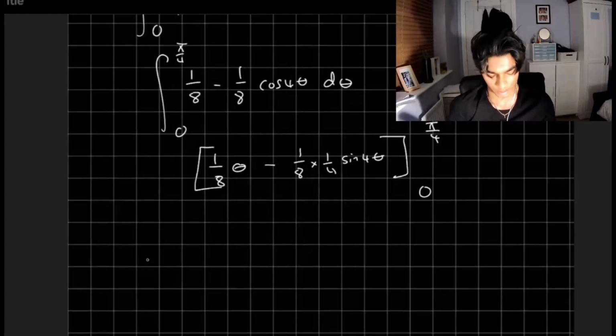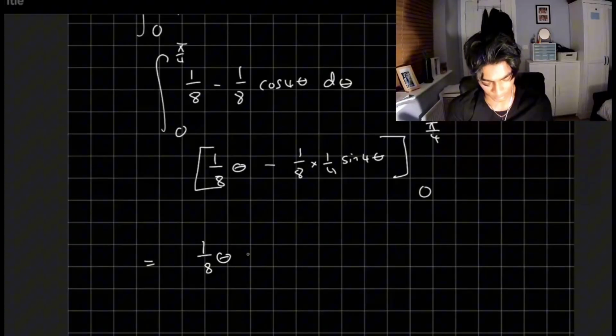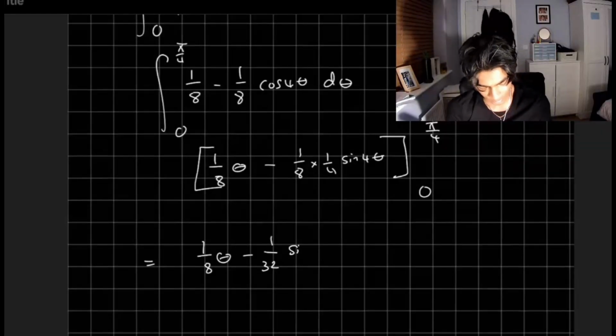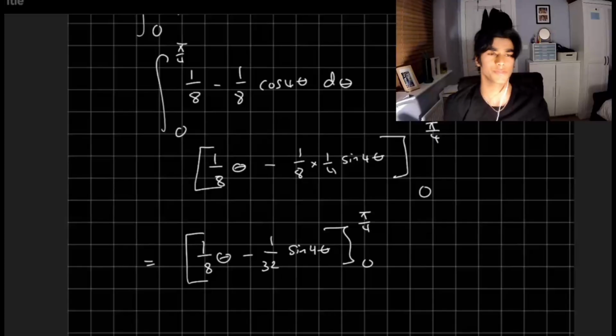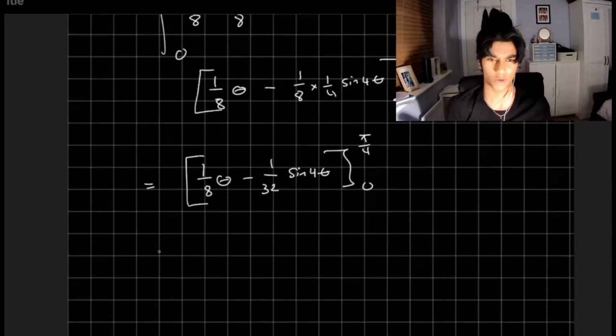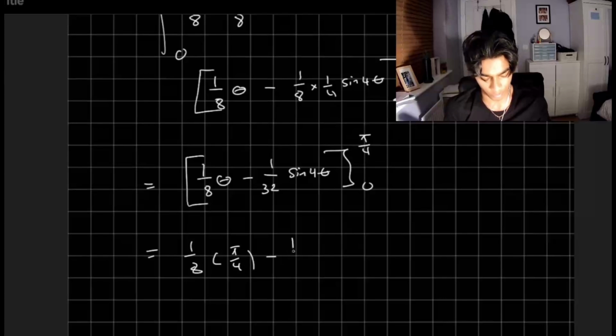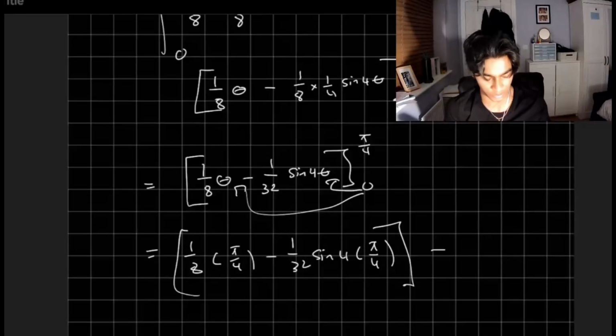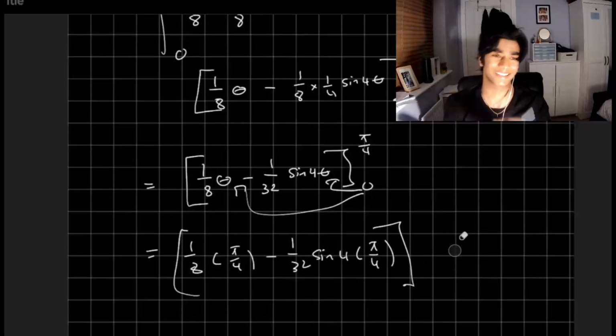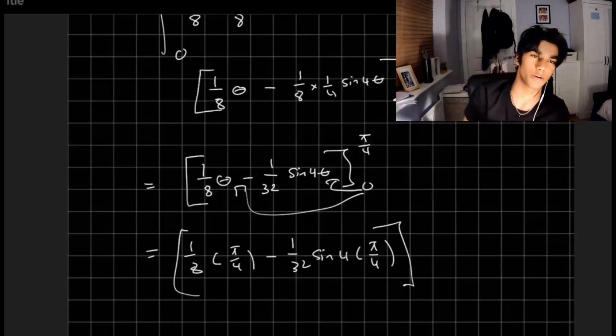So that will just be an eighth times pi over 4 minus 1 over 32 sine 4 times pi over 4, take away the value at 0. If we input theta as 0, that will just equal 0, so we can neglect that part.